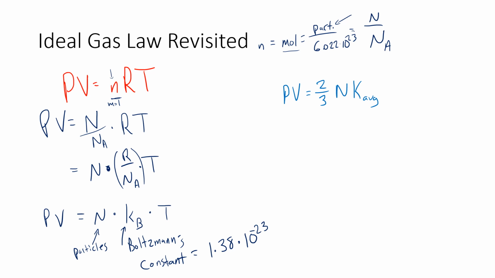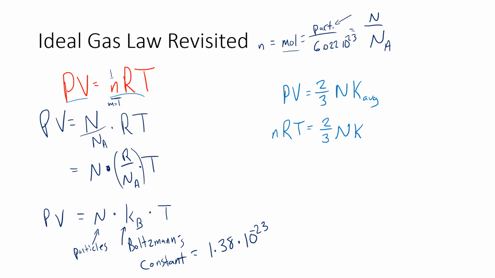All right, so we have this. Now, we're not going to deal with the PV side of this so much, but we know that PV is equal to nRT, so we're going to take nRT, and we're going to make that equal to 2/3 NK. So far, so good? Okay. So what we're going to do now is a little bit of rearranging once again. We are going to solve for K. That's what we're going to be looking for.